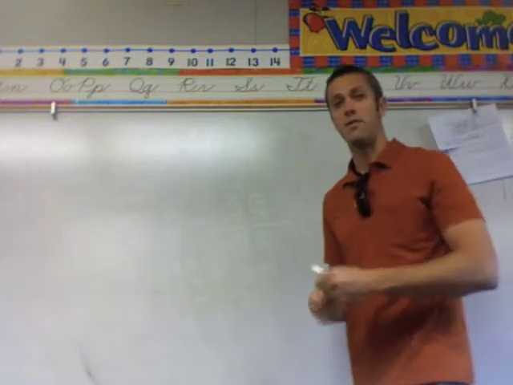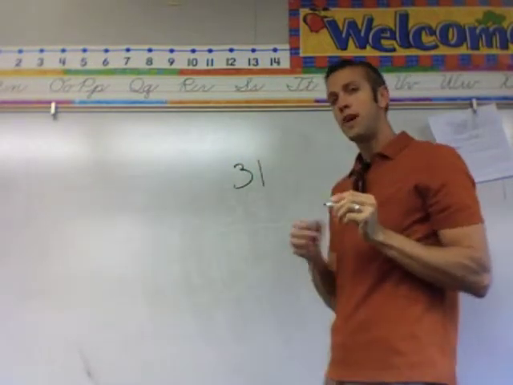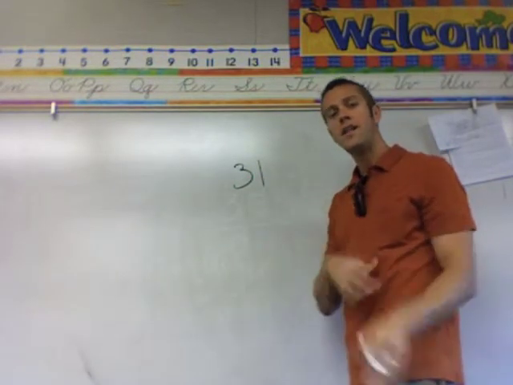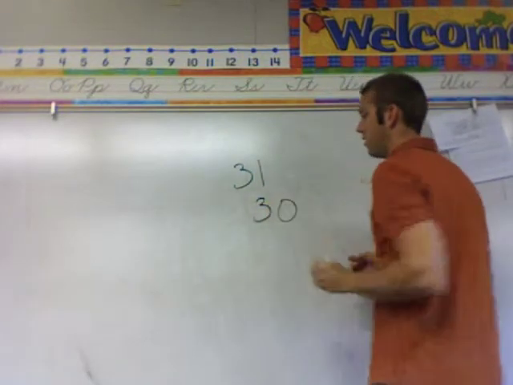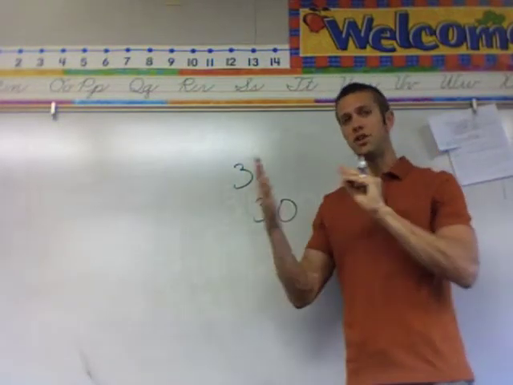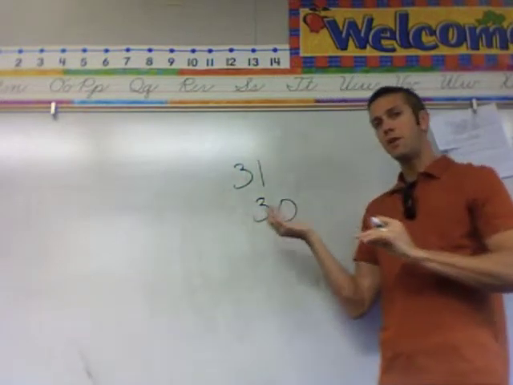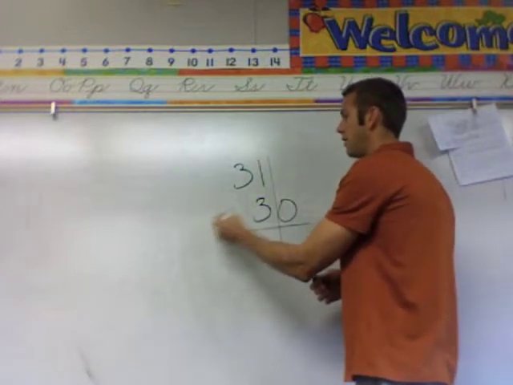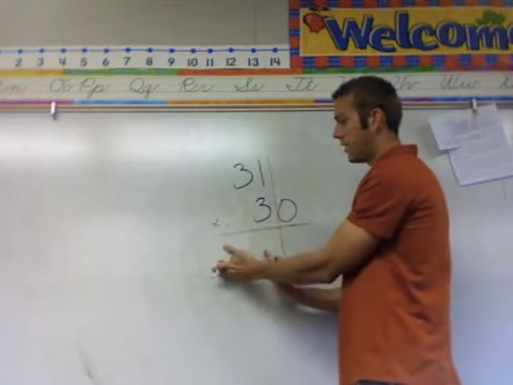It's the shortcut way, right? So instead of multiplying 31 times 30, you want to multiply 31 times 3 and then add the 0 on later. So the way we set it up is to do this. We shifted the number over. Remember 30 was here? Now it's moved over, so that if we did a little line, we could cut out the 3 and we would multiply over here.